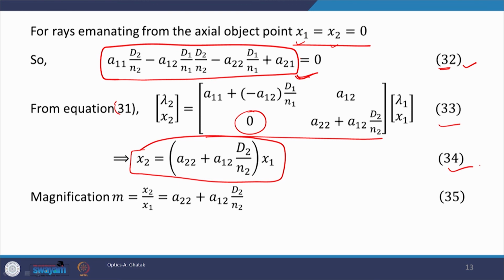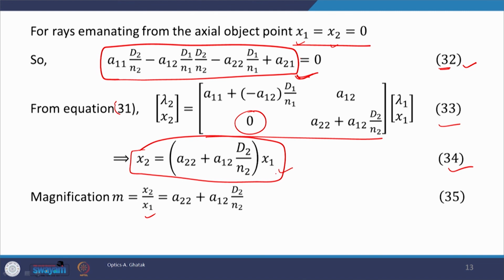Now, let us again calculate as we did previously. Let us again find the expression for magnification, which is equal to x2 by x1, the height of the image to the height of the object. This ratio is magnification.